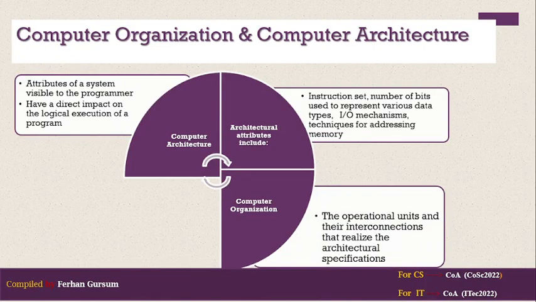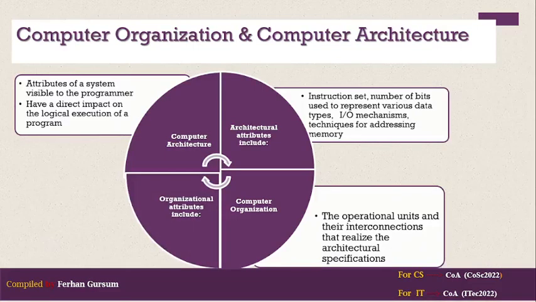When we come to computer organization, the operational units and their interconnection. When we are speaking about organization, we are speaking about the relation and their connection. Okay, the operational units and their interconnections that realize the architectural specification. Okay, realize what? The architectural specification.